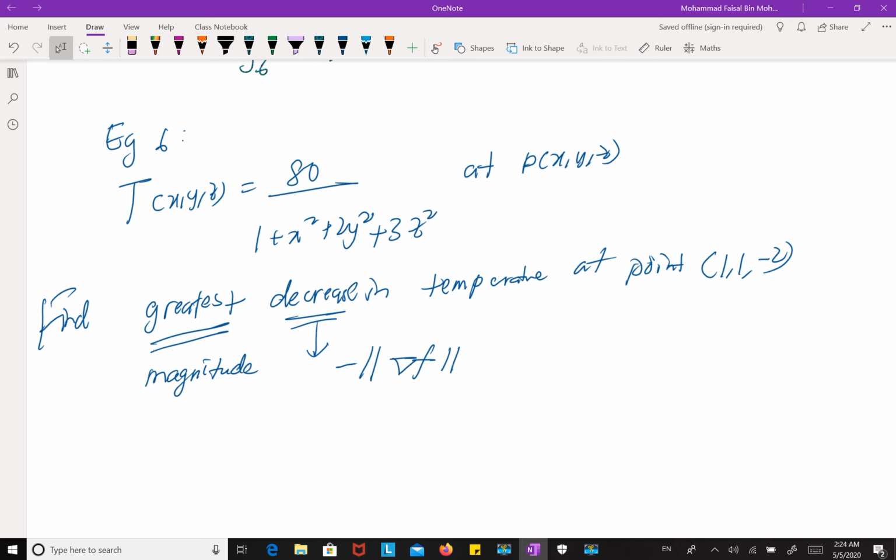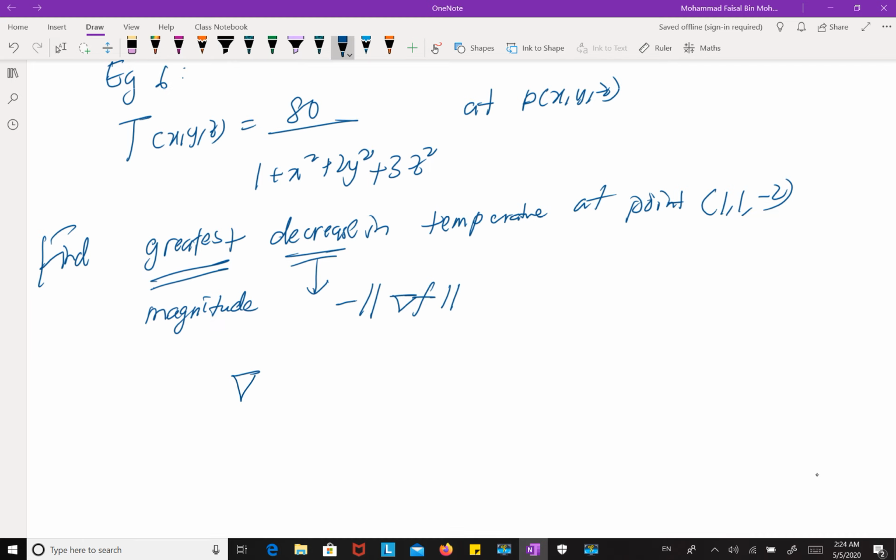the gradient. Okay, so these are some keywords. So solve this. I think you can do it. So first you have to find the gradient T. The gradient T, it is del T over del x i plus del T over del y j and del T over del z k.